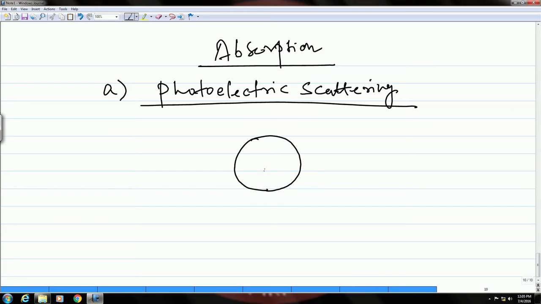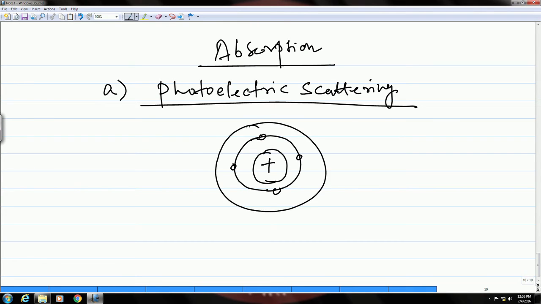So, this is the atom, you have the nucleus and then electrons around it in the orbitals.